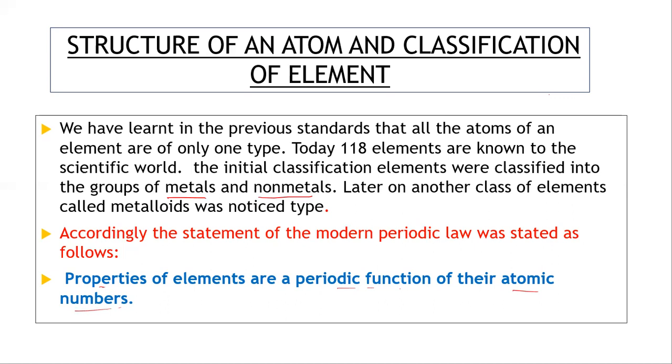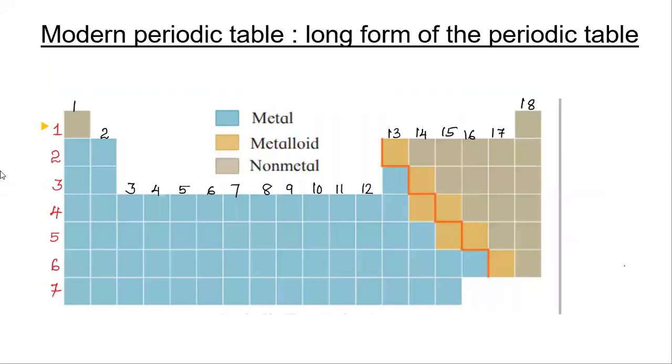Let us discuss the modern periodic table. This is a blank form of the modern periodic table. Here you can see some numbers. These are the horizontal rows. A total of 7 horizontal rows are there, and these horizontal rows are known as periods.